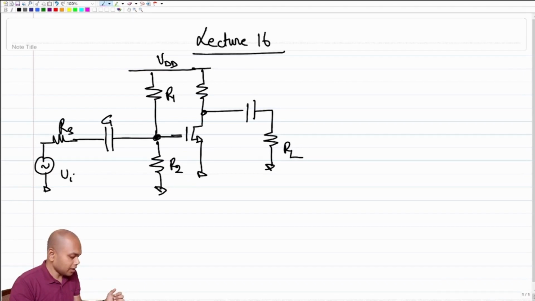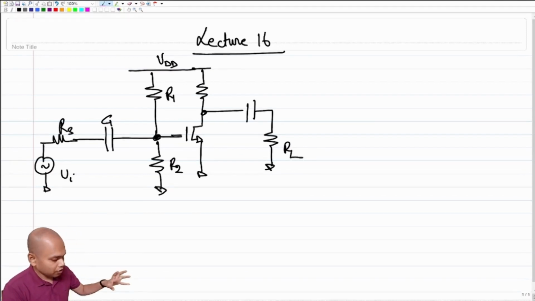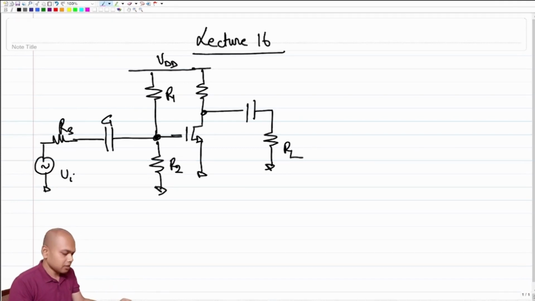Initially we noticed that an infinite value of capacitor will do the job, so we put C1 equal to infinity, and we coupled the input Vi and Rs. And by the way, this type of coupling the input from one side of the capacitor plate to the other side is also called AC coupling, right? Very often if you talk to circuit design professionals, they will sometimes say, why don't you AC couple your input?